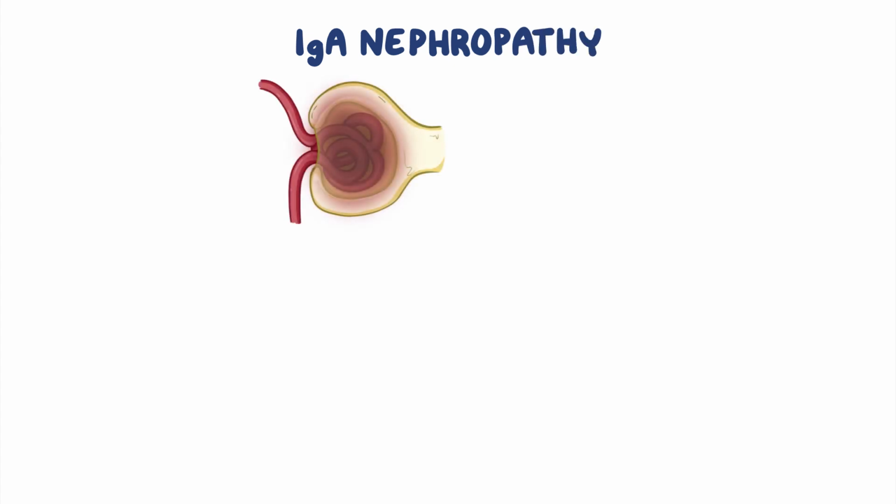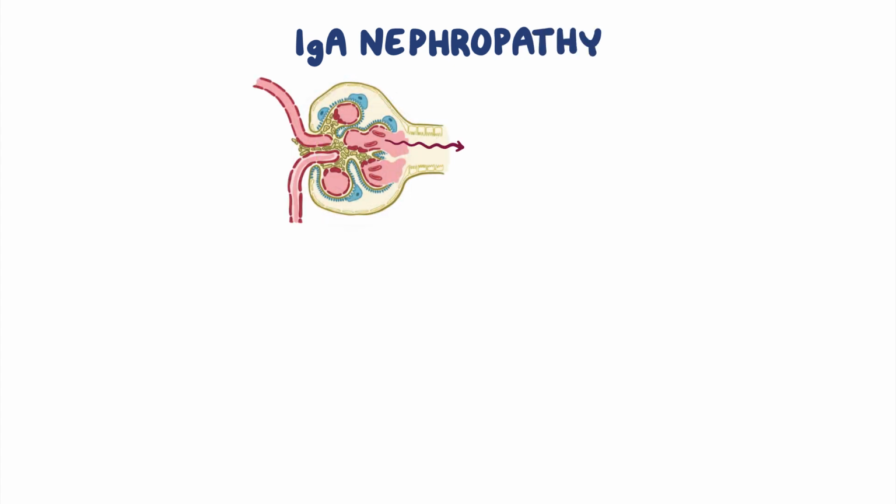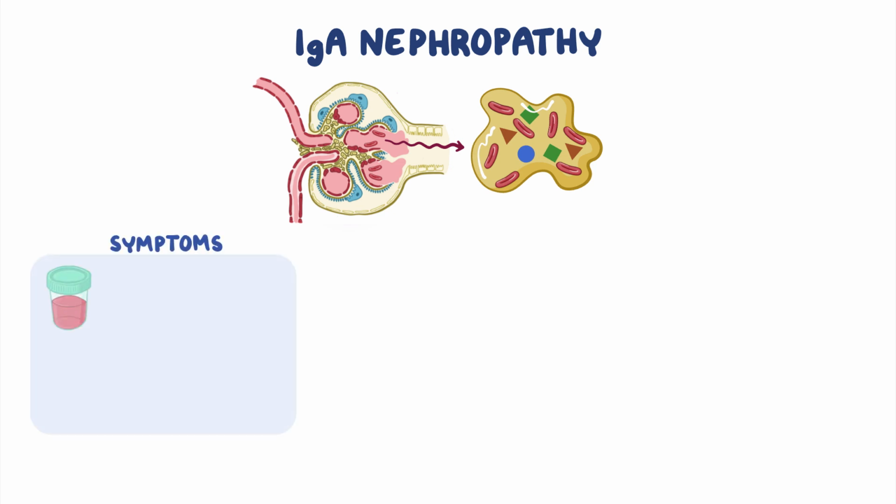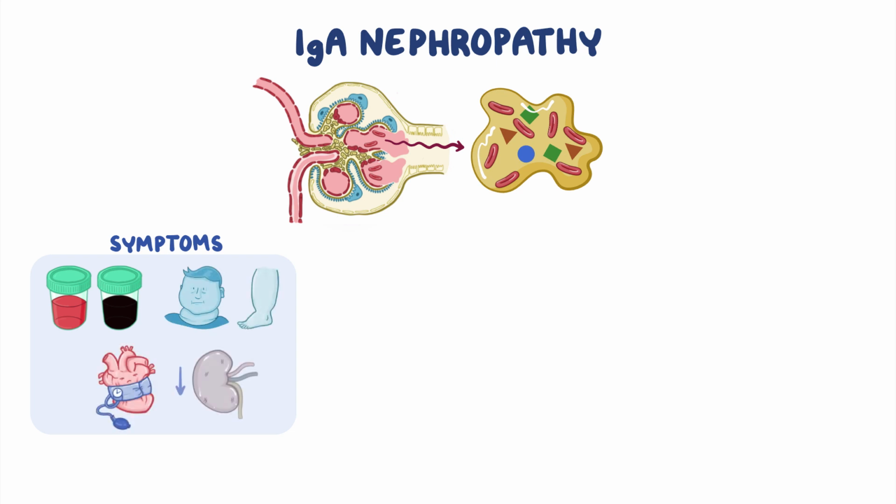Alright, as a quick recap. IgA nephropathy is a kidney disease which affects the glomeruli, causing leakage of red blood cells and blood proteins into the urine. The kidney damage may cause bloody or dark urine, puffiness of the face and the legs, and high blood pressure in some cases with degraded kidney function.